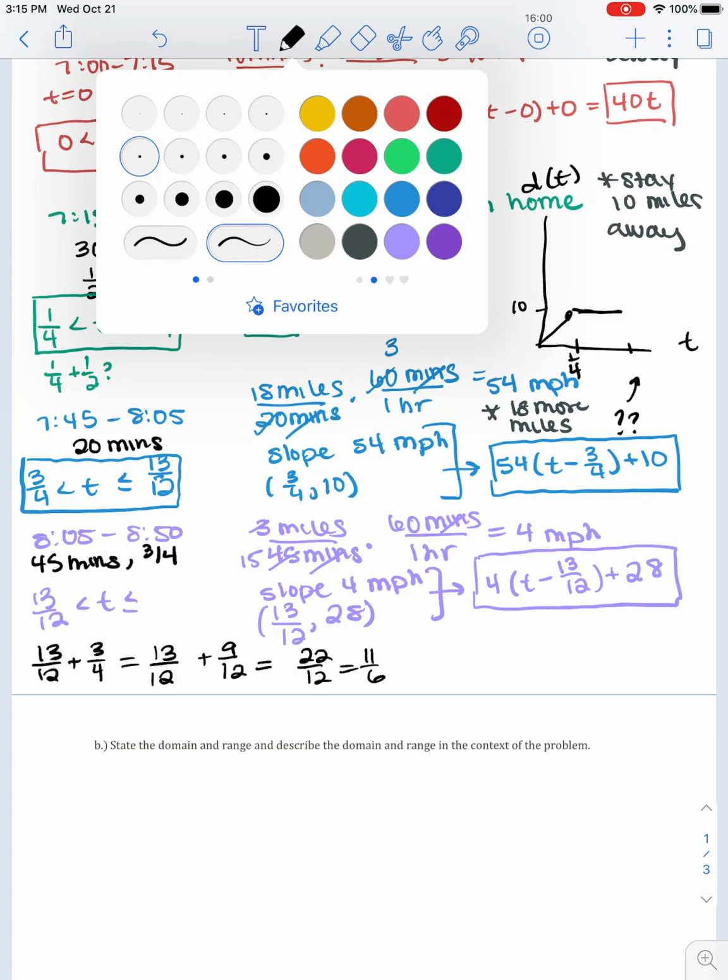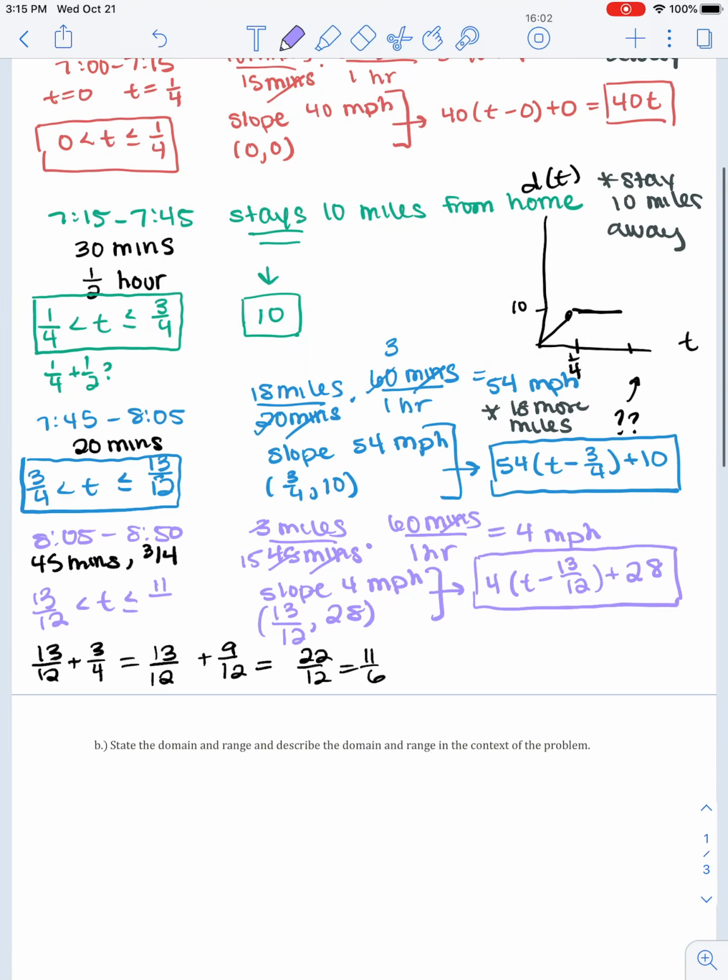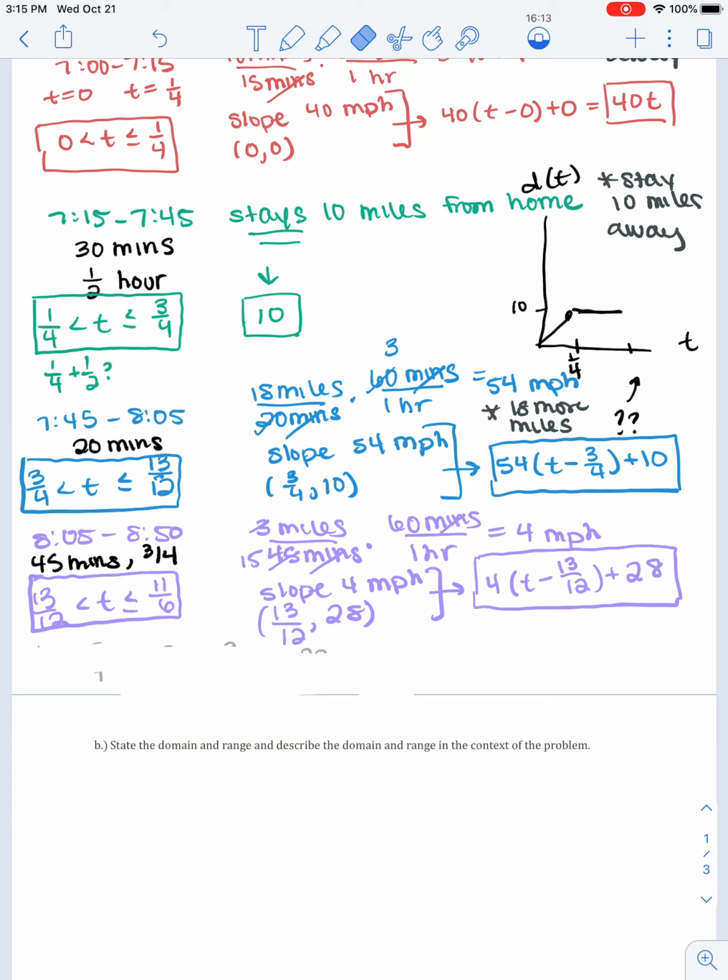So 11/6 of an hour, almost 2 hours after 7 a.m., Martin is arriving to school. Okay, so these are all the pieces that make up our piecewise function.